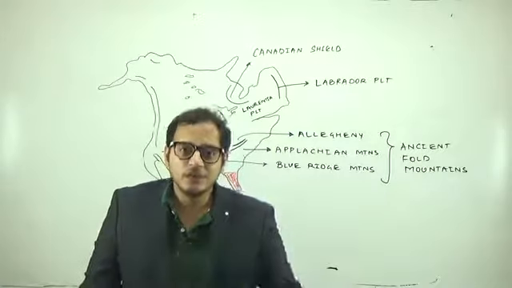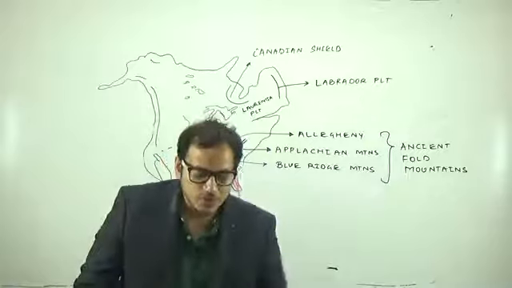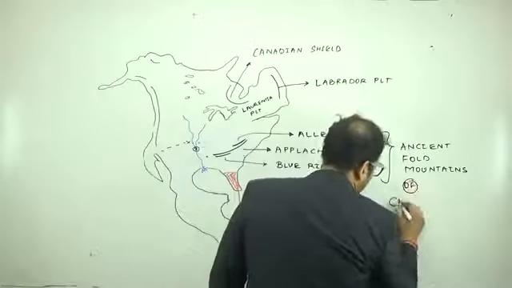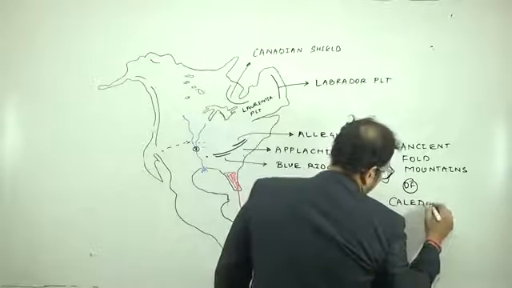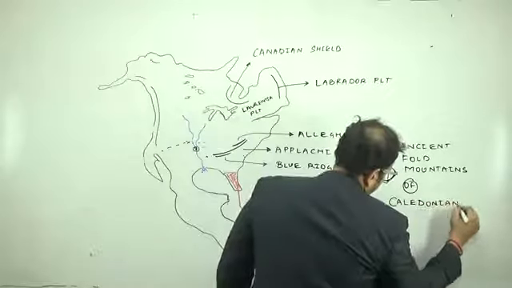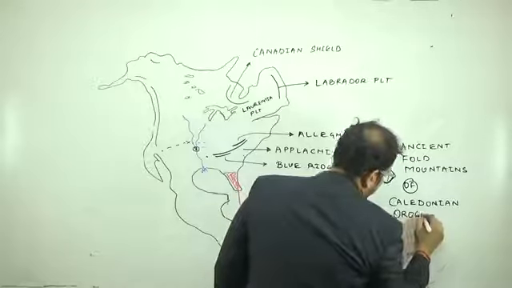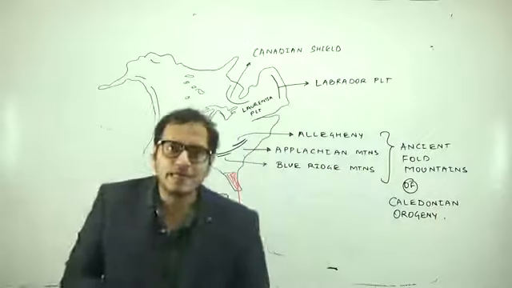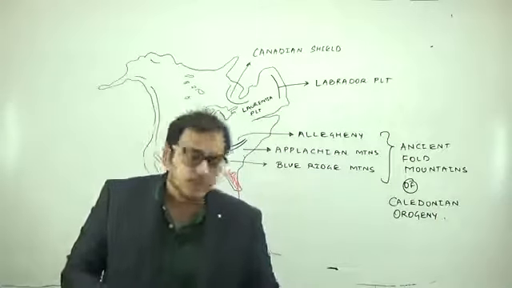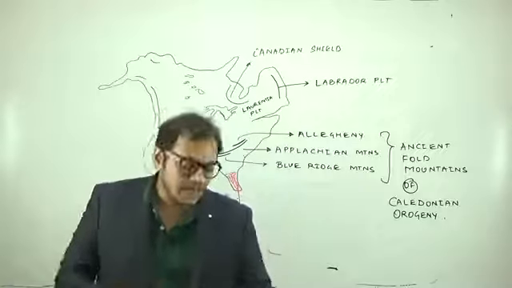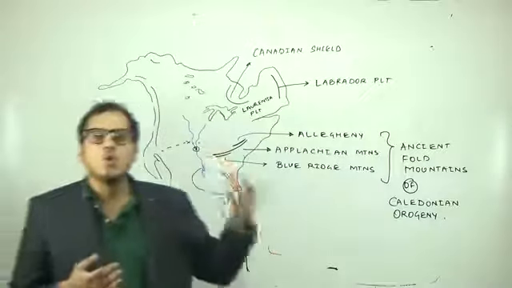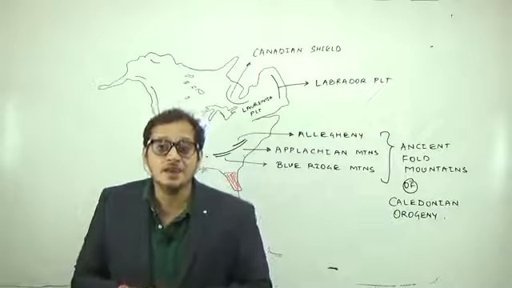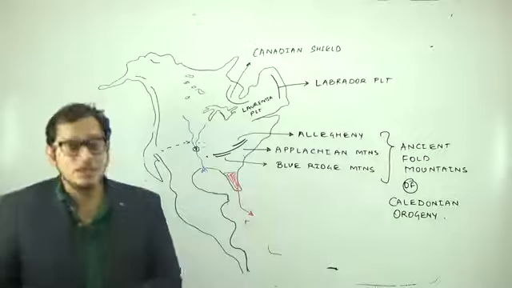These are the ancient fold mountains of an orogeny which is known as the Caledonian orogeny. Now these ancient fold mountains of Caledonian orogeny, that means they are old mountains. On the other hand, what we said, Himalayas, Rockies, etc. are young fold mountains of the tertiary period or tertiary orogeny.